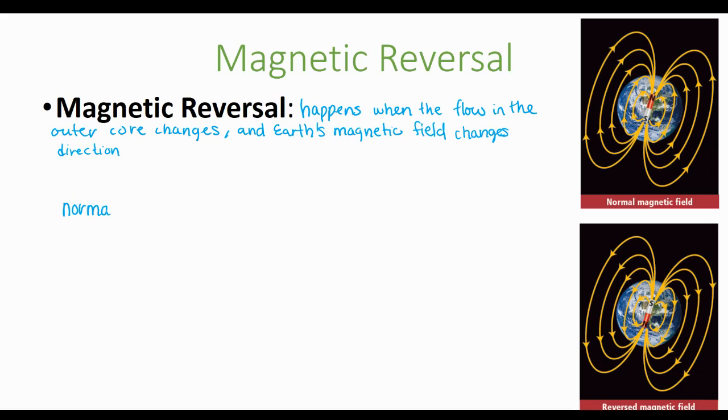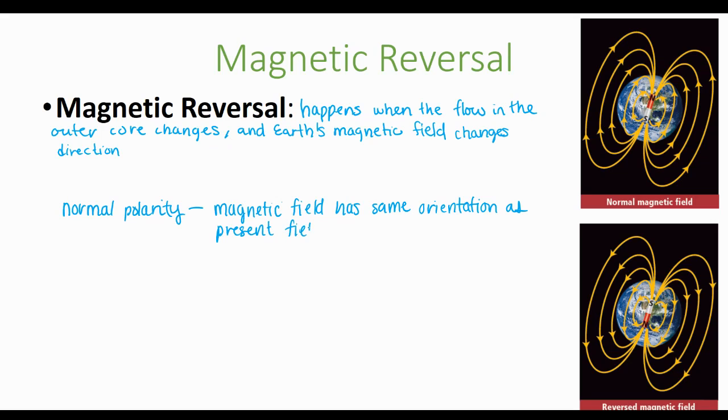Normal polarity is where the magnetic field has the same orientation as our present field. And then there is reversed polarity, where the magnetic field is opposite.